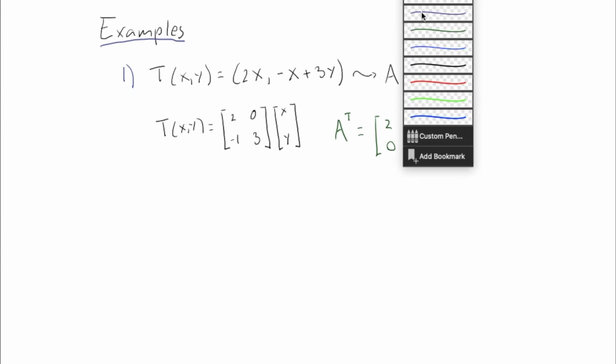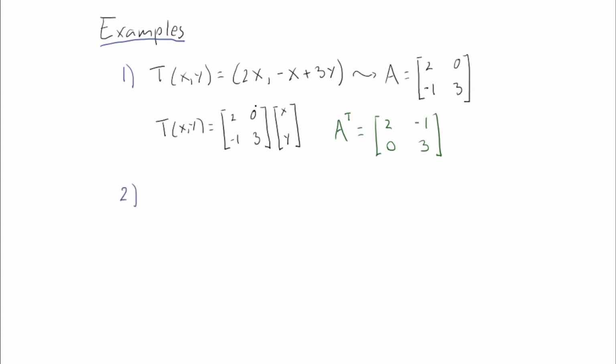Okay, so for another example, let's consider now in 3 dimensions T of (x, y, z) equals (2x plus 3z, 4y, and 3x minus z). All right, so the matrix associated to this map is a 3 by 3 matrix, because this is now in 3 dimensions.